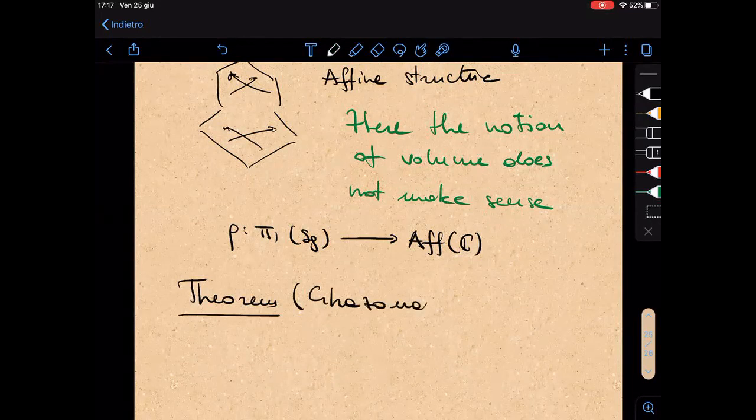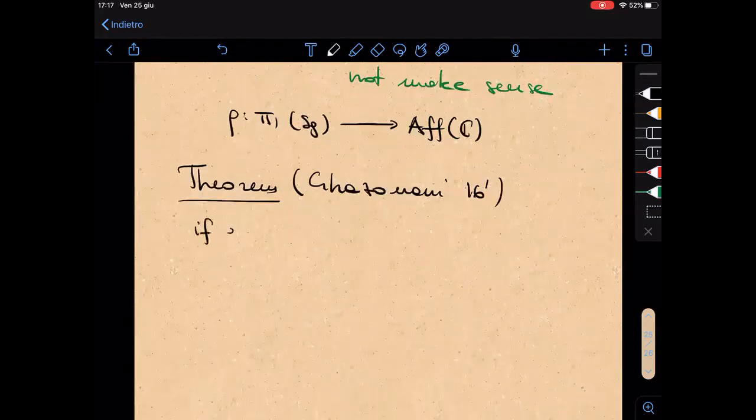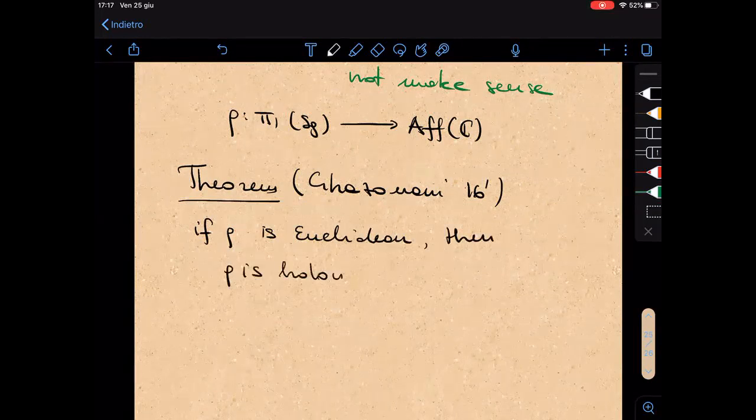Ghazouani, I think it's 2017. And he says that if rho is Euclidean, then rho is holonomy if and only if the volume of rho is positive.